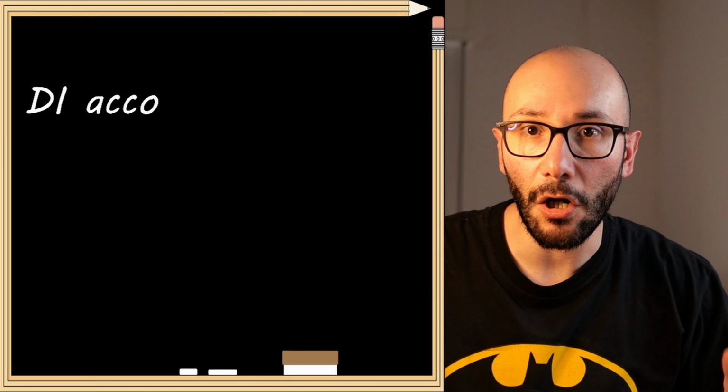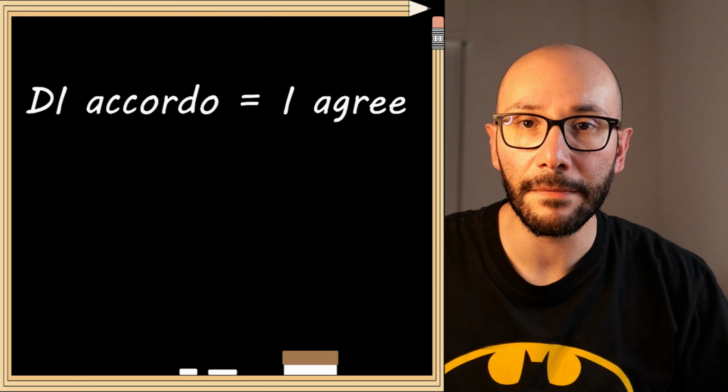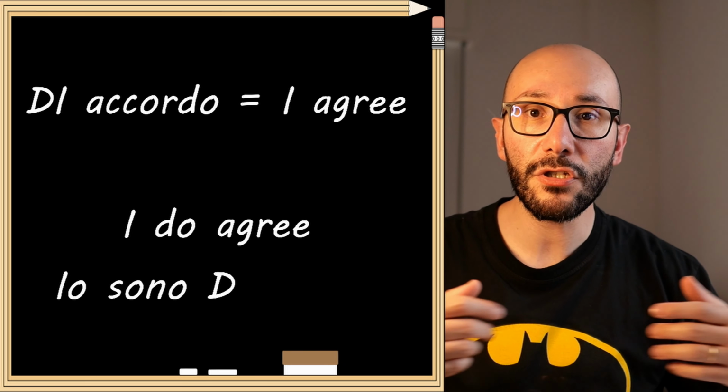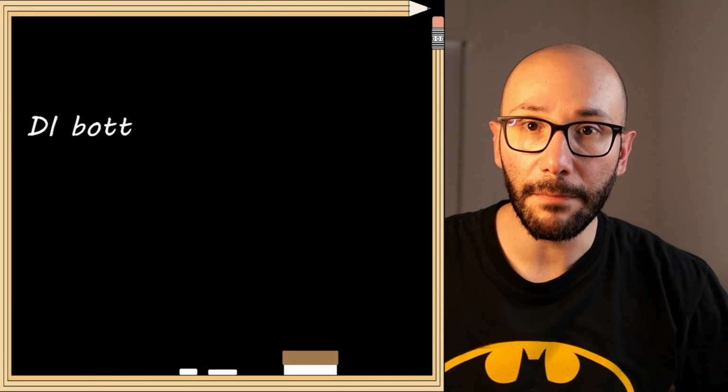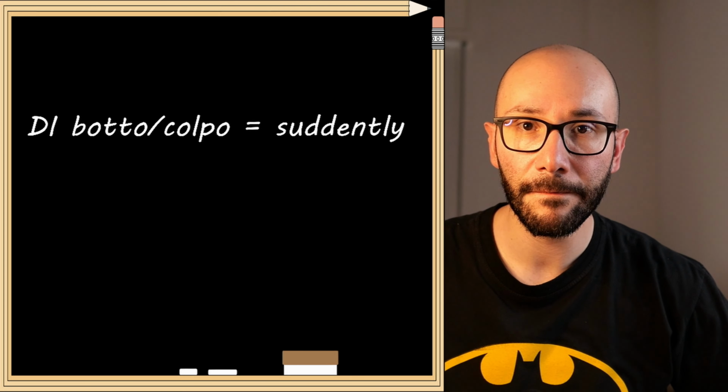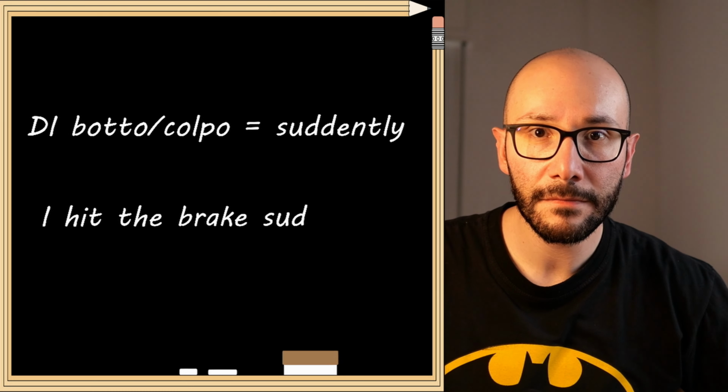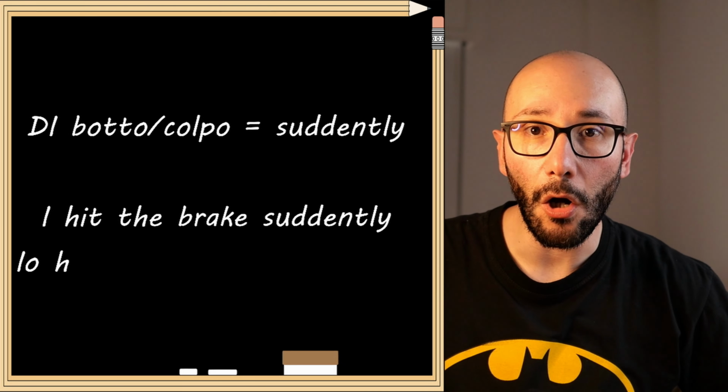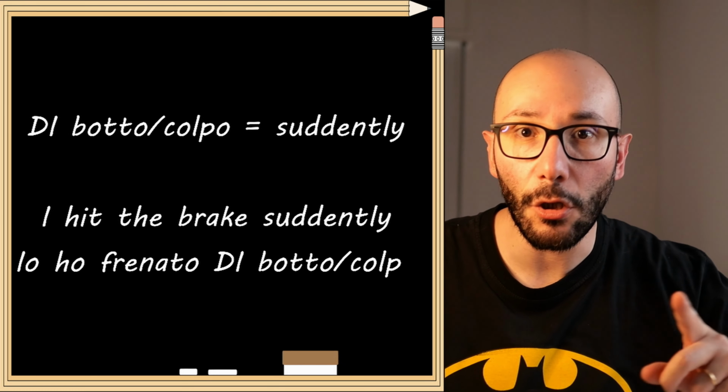You can use a large number of formulas containing the particle di that often in Italian have the function of adverbs. Like di accordo means I agree. Io sono d'accordo. Di botto means suddenly, I hit the brake suddenly. Io ho frenato di colpo.